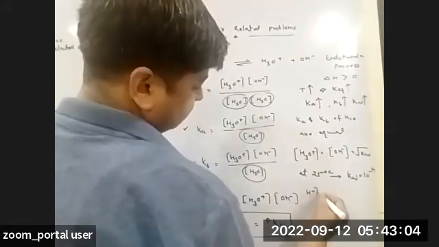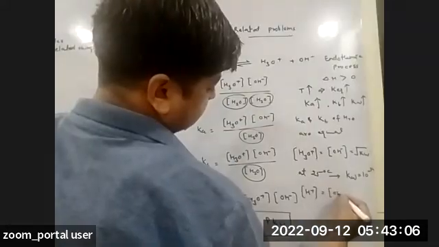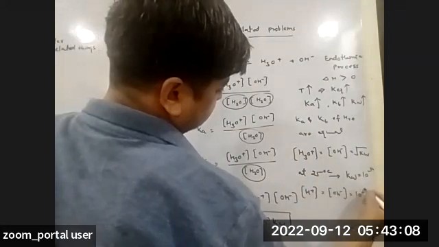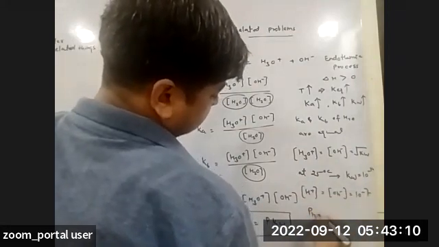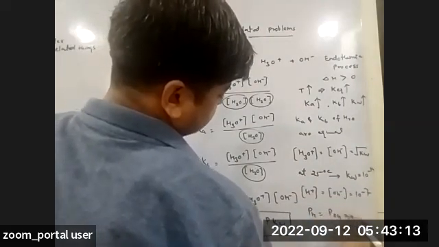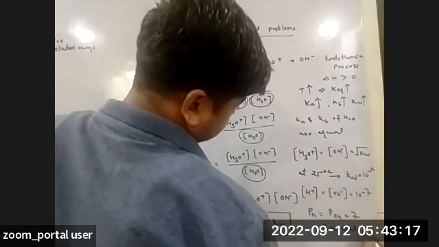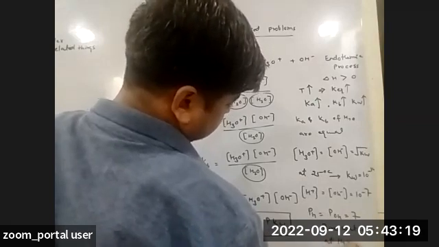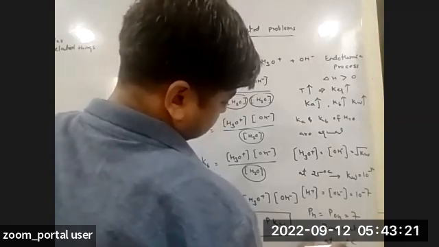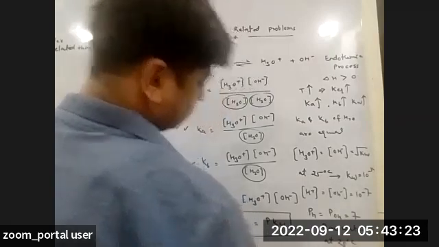So H+ will be equal to OH-, equal to 10 to the power minus 7. So pH is equal to pOH is equal to 7 for pure water at 25 degrees centigrade. Is it okay to everyone?